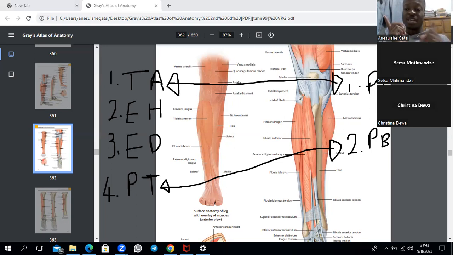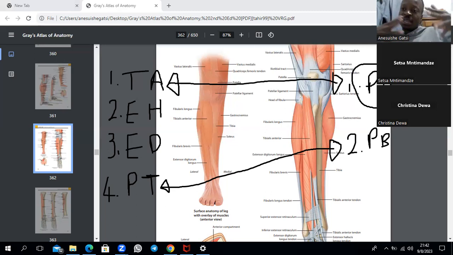Because remember I said peroneus means lateral, tibialis means medial, tibia. So how do these muscles end up with one insertion, yet one is on the lateral, one is on the medial? So when we do the sole of the foot, I'm going to see the tendon of the peroneus longus crossing the sole of the foot to come to the medial side.